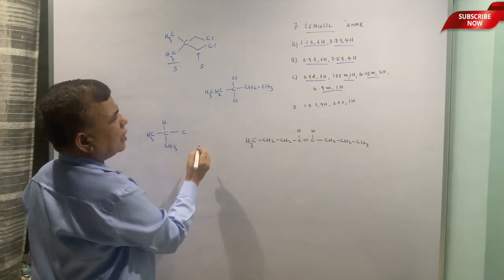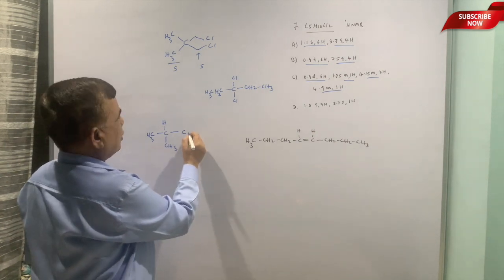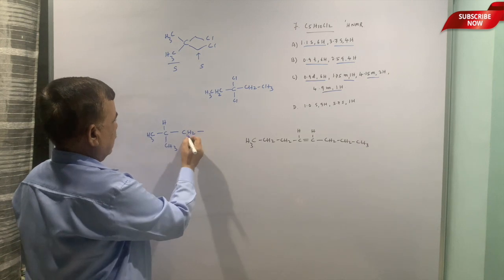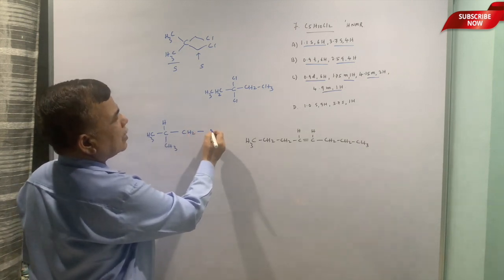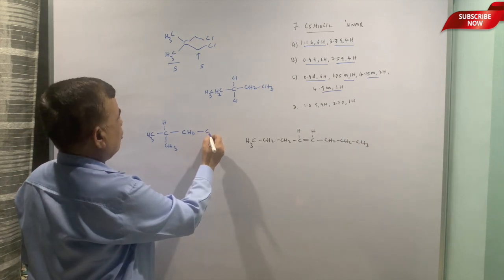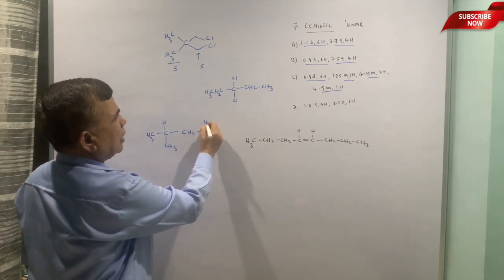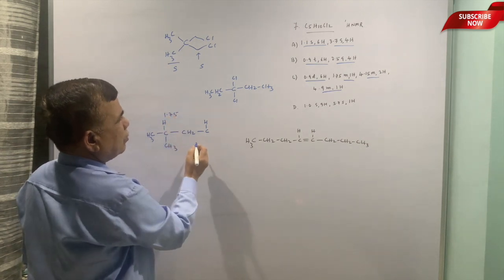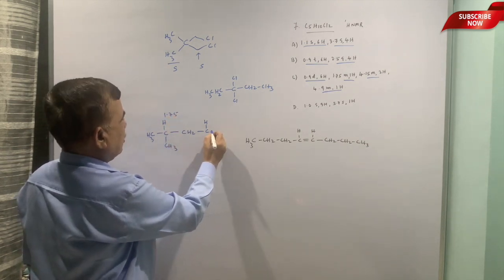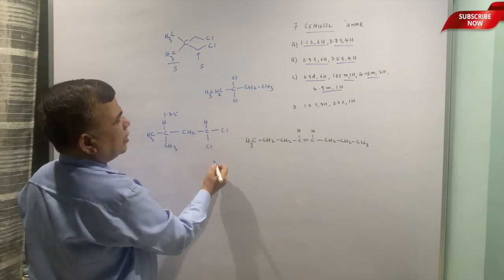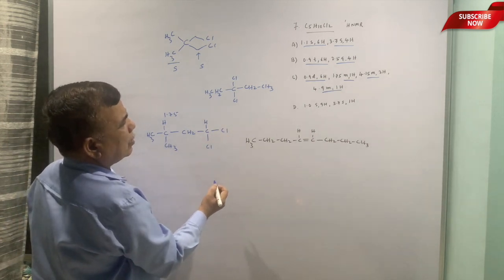Then your CH2 is there, CH2 will be a multiplet, because it will have something else on the other side as well. Multiplet 1 hydrogen, this is 1.75, probably both the chlorines are here.